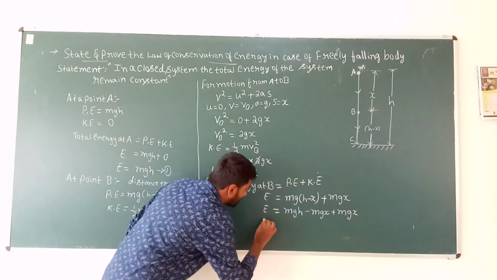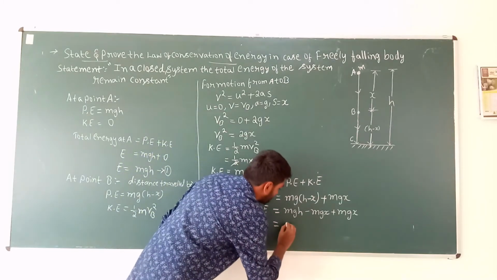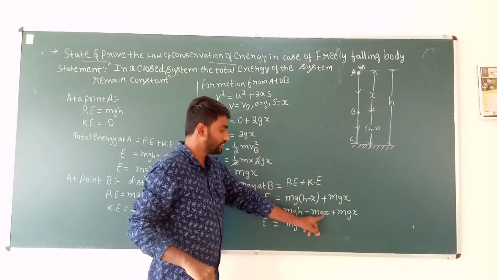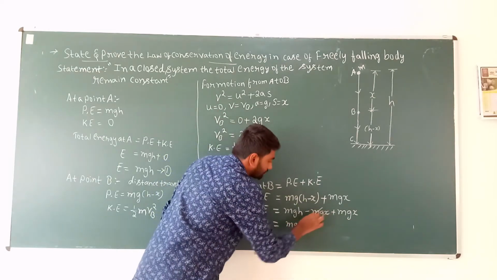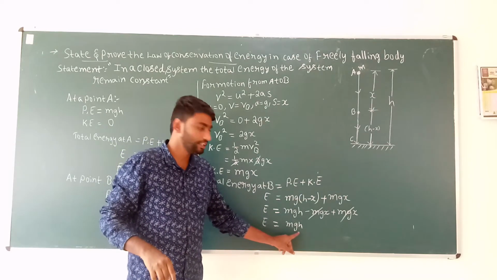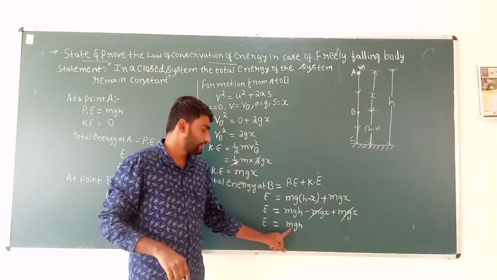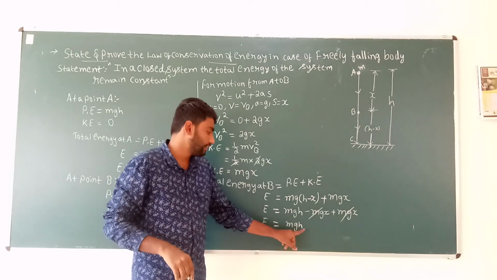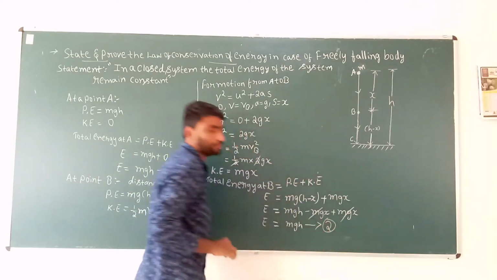So E equals mgh minus mgx plus mgx. The mgx terms cancel, so the remaining E equals mgh, where E is the total energy, m is the mass, g is the acceleration due to gravity, and h is the height. Consider it as equation 2.